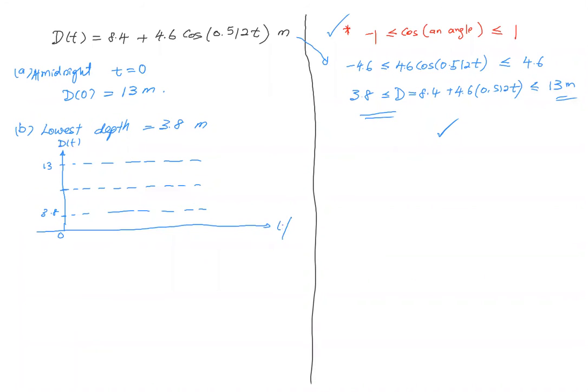This is your T in hours. Go to window, set 0 to 24, then do a zoom fit.